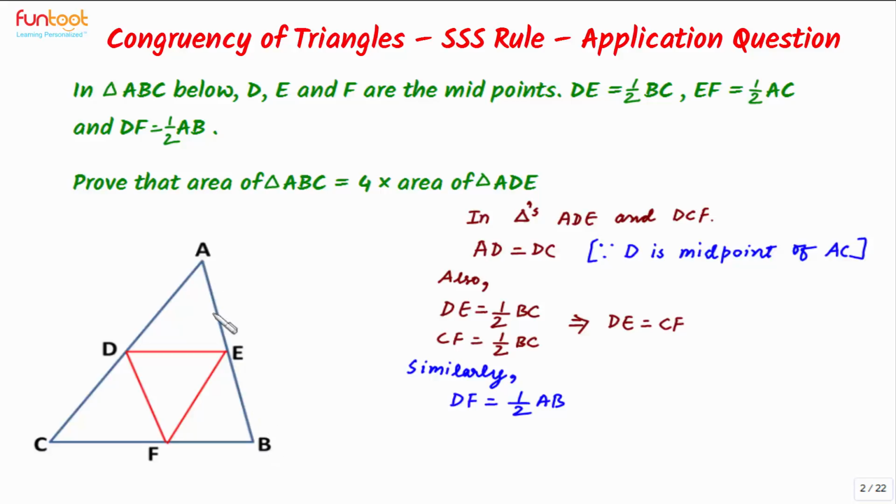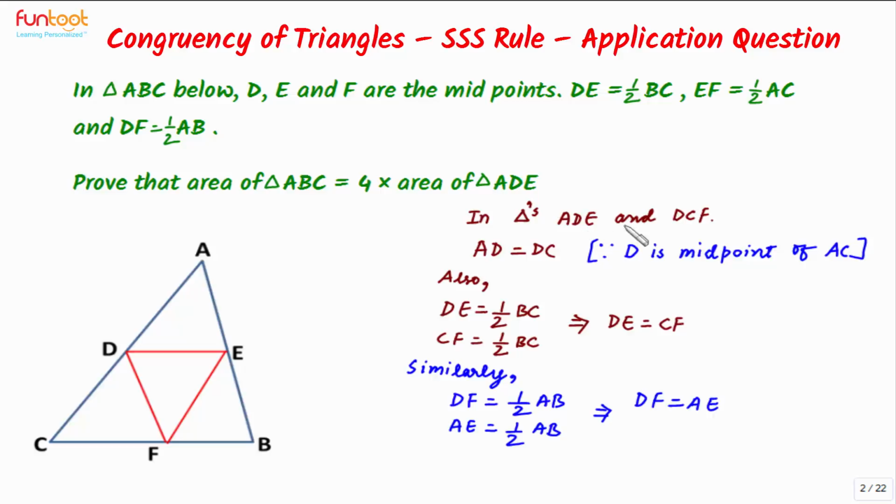So we can write AE is also equal to half AB. So this will imply, because DF is equal to half AB and AE is equal to half AB, that DF is equal to AE.